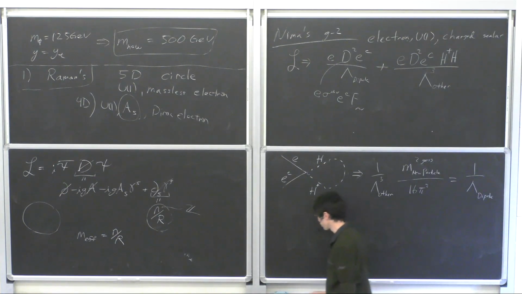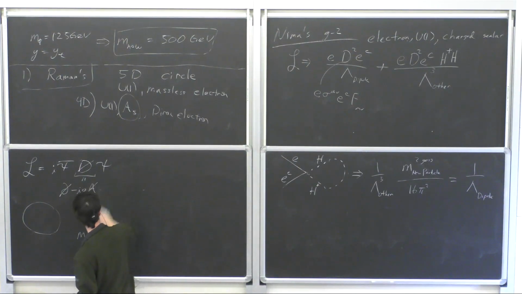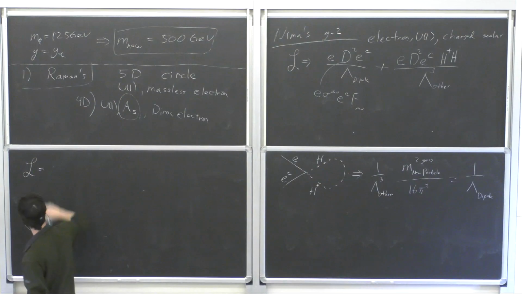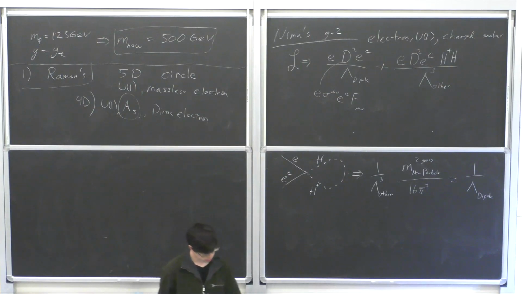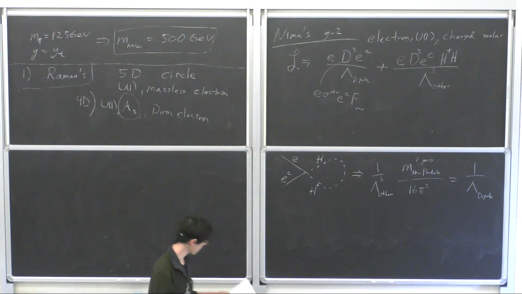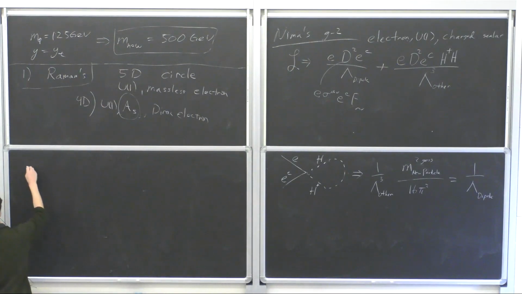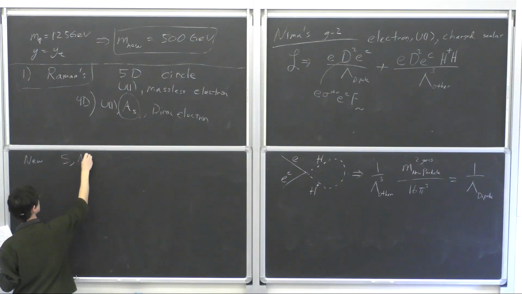Okay, so UV completion. Let's see, I'm going to have to remind myself exactly. So I'm going to introduce 2 new particles, which are heavy, S, N, and then their conjugates, S conjugate, N conjugate.